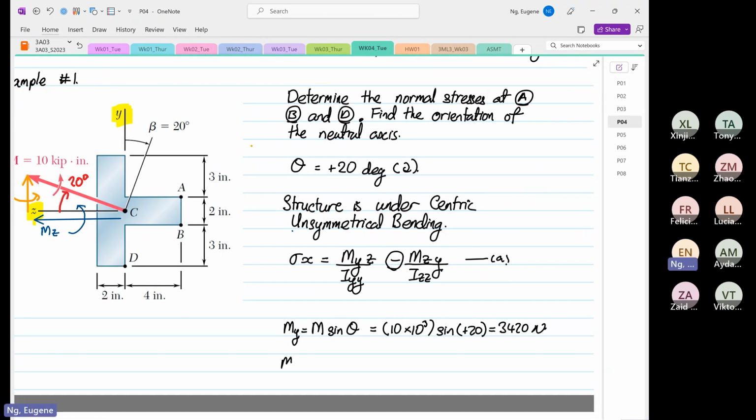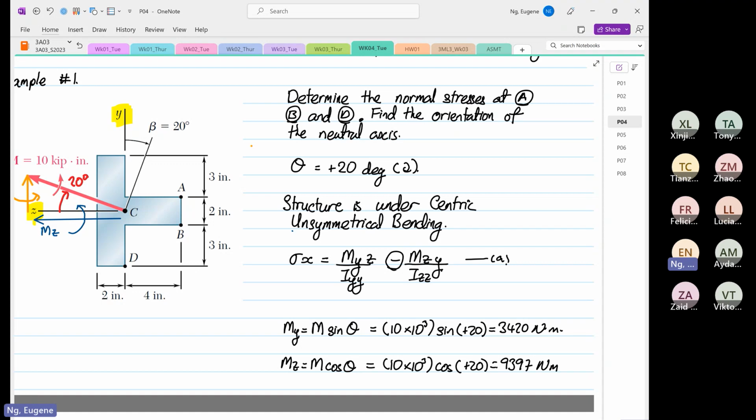And then Mz is equal to M cos theta. So it's 10 times 10 to the power 3 cos positive 20. So it's 9397, I beg your pardon, Newton meter.